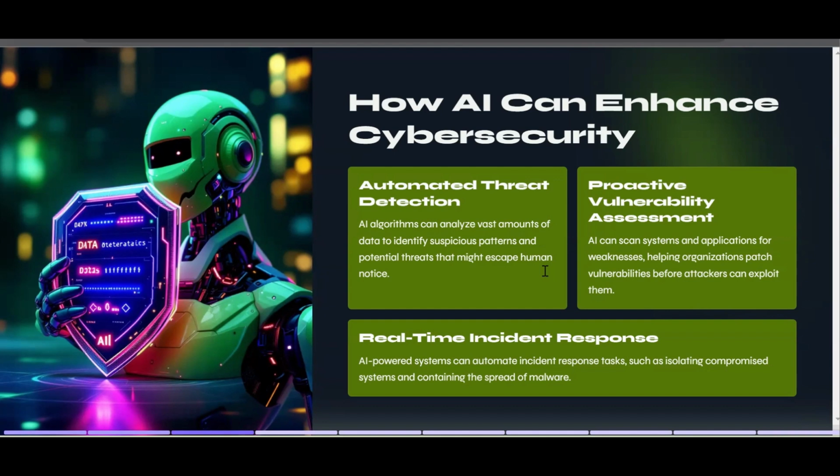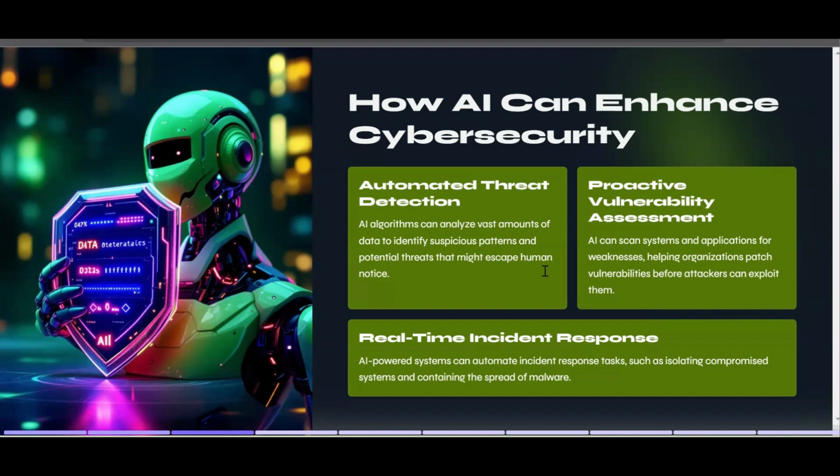So automated threat detection, proactive vulnerability assessment, and the third thing is real-time incident response. Real-time incident response, not after the incident happened when you get too late, or when there is even no incident and you're burning down your energies.